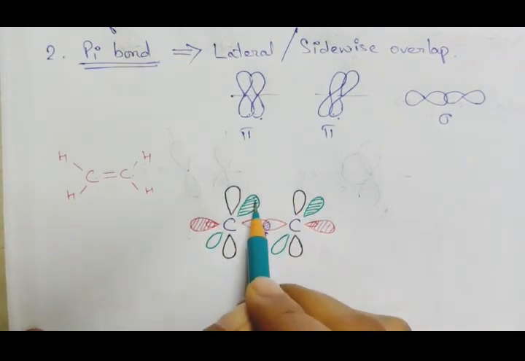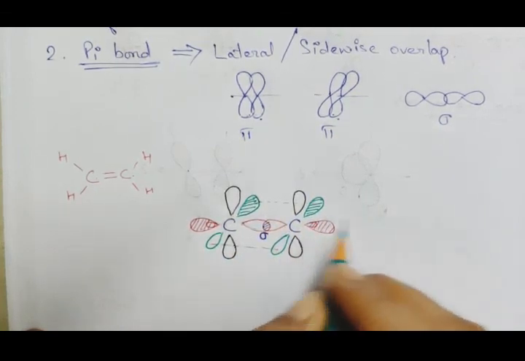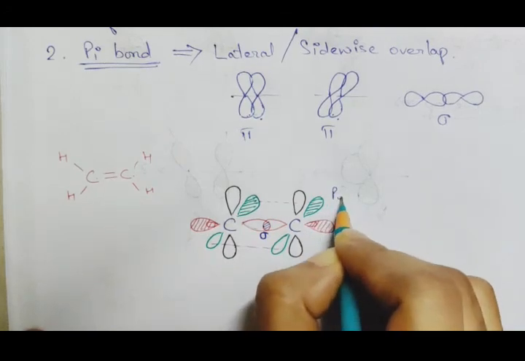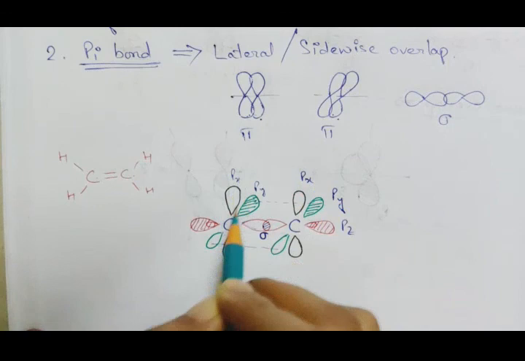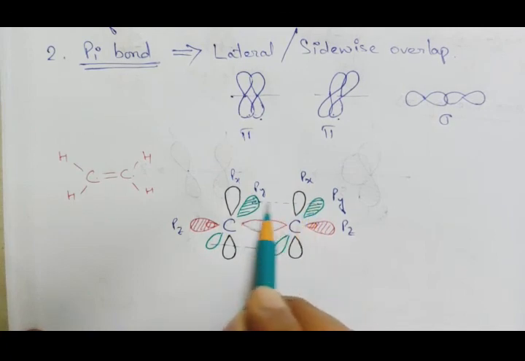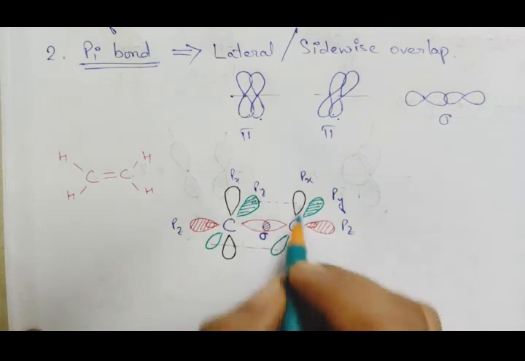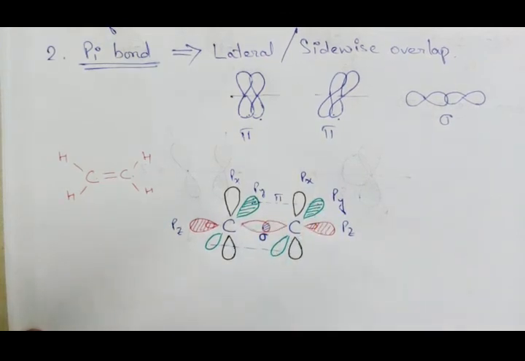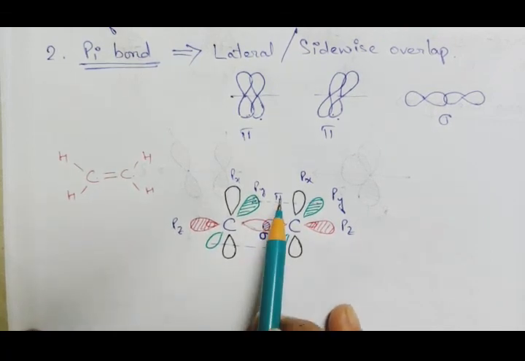Now there is one sideways overlap for the py. This one is pz, this one is py, and this one is px. For this one it is py, px and pz. So between the py orbitals there is one overlap, and this sideways overlap of the two py orbitals will give rise to the formation of one pi bond. Clear? So among these two bonds of the double bond, one sigma bond is there and one pi bond is there.